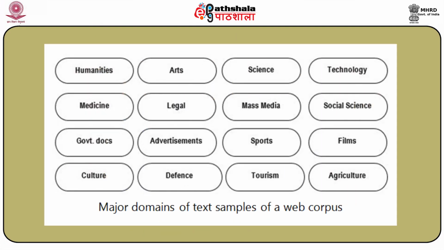The text we have collected from 16 different domains from the web included humanities, arts, science, technology, medicine, legal documents, mass media texts, social sciences, government documents, advertisements, sports, films, culture, defense, tourism, and agriculture.